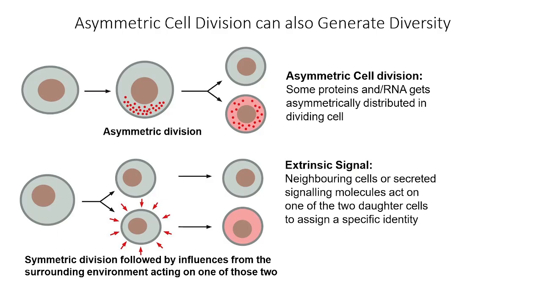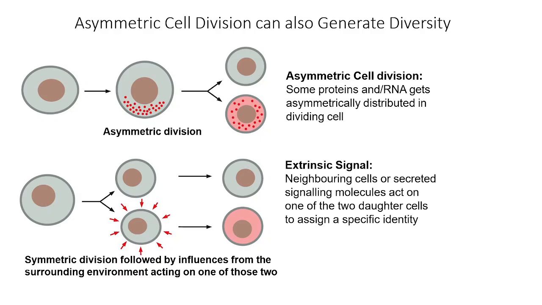Now, let us get into symmetric and asymmetric division. Cell diversity can arise via asymmetric cell division. In this, specific proteins or RNAs are unequally distributed between the two daughter cells, so they inherit different starting conditions and adopt different fates.